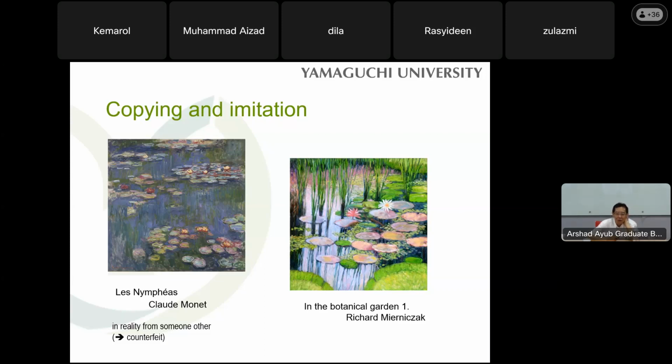The painter of the right-hand side product confessed he was impressed by Monet to make this drawing. Do you think this drawing is something new or just a copy of Monet's drawing, or may it be imitating Monet? Could be, right?